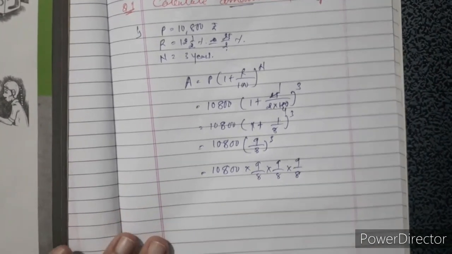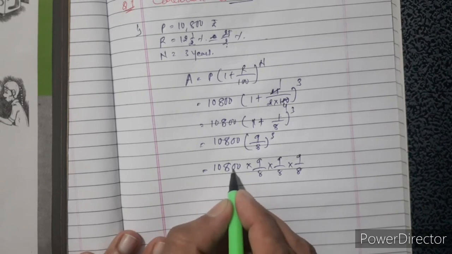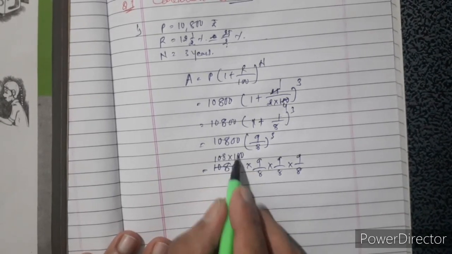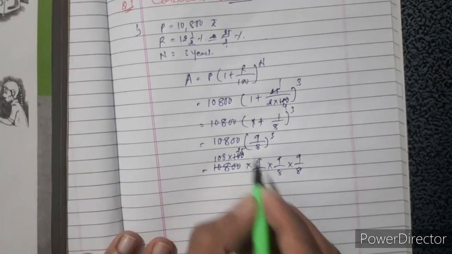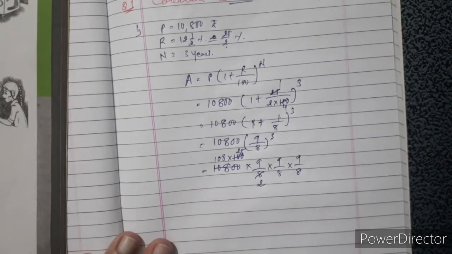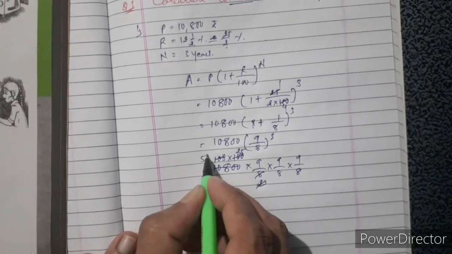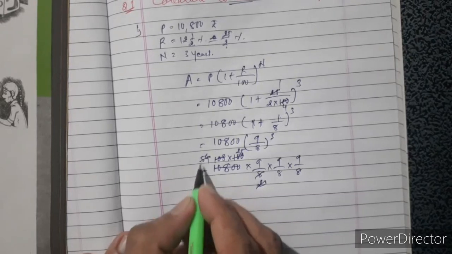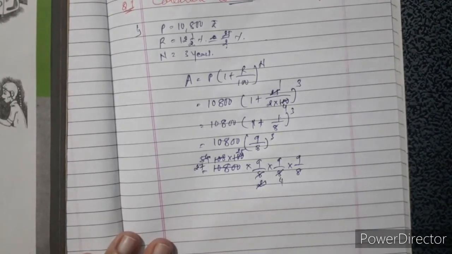Now you just cut them. Look, 108 into 00, that means 108 into 100. Two zeros are there, that means 100. So 25 fours are and here 2 fours are. And 54 twos are, 54, that is 27 twos are and here 4 twos are.